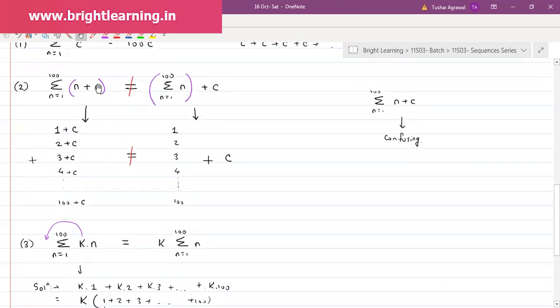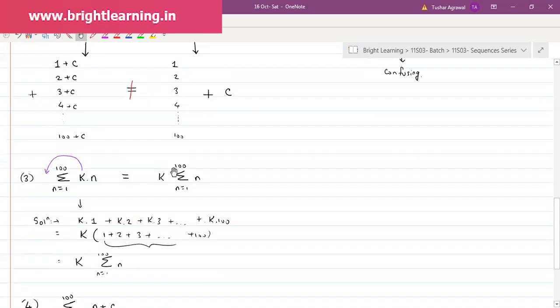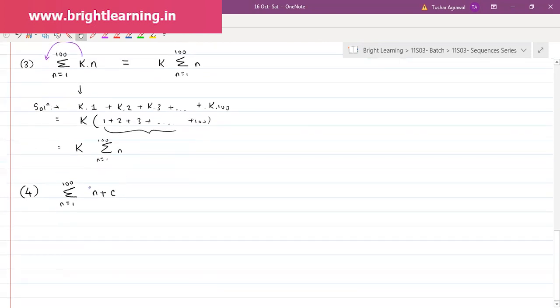Summation of n plus some constant, where n varies from 1 to 100. So what do you actually want to say here? Now I'm telling you that this complete expression is under summation, meaning the constant addition is under the summation. Here it was multiplied by a constant. Here it was added to a constant inside the summation symbol.